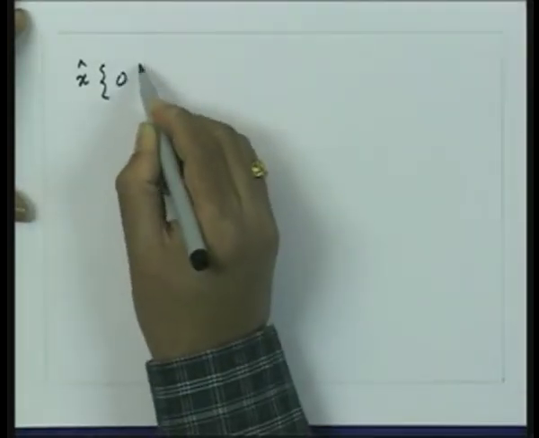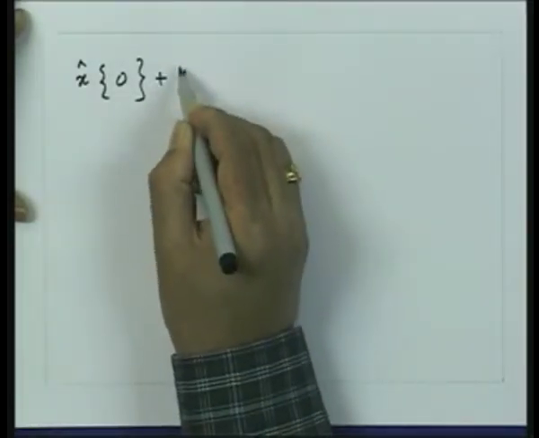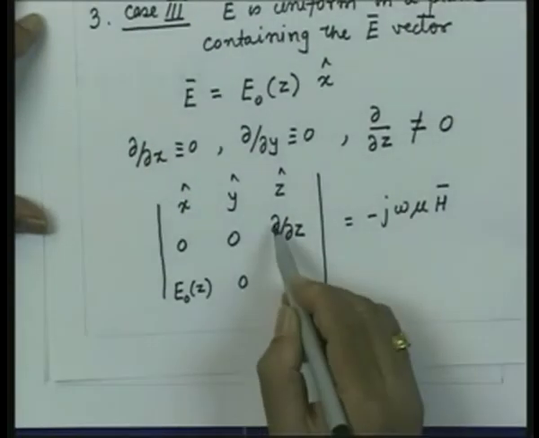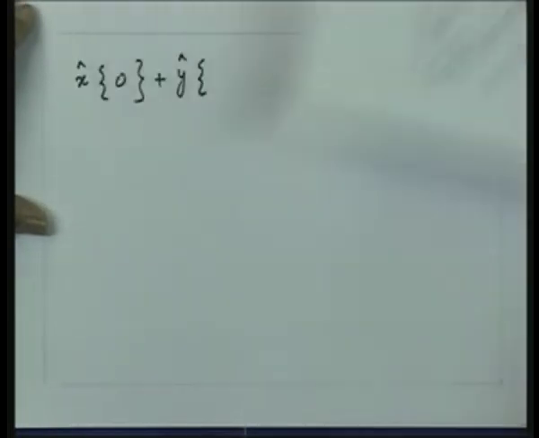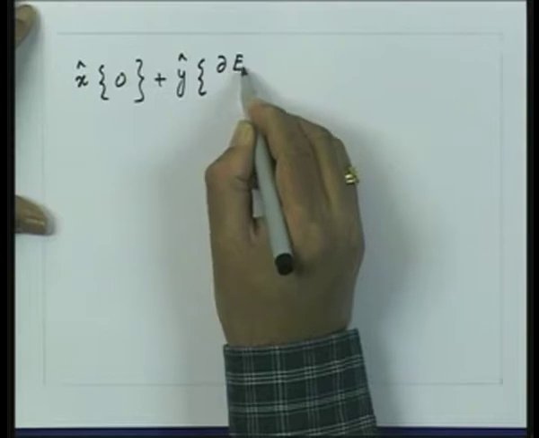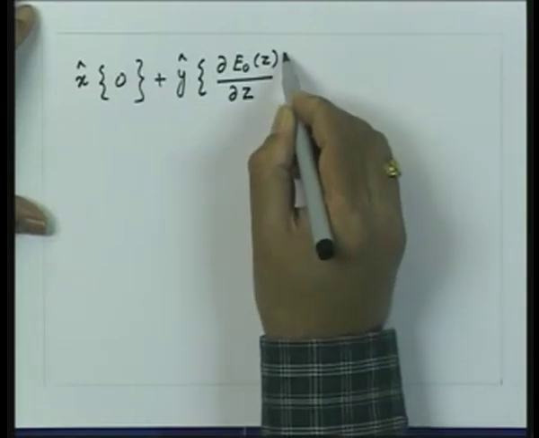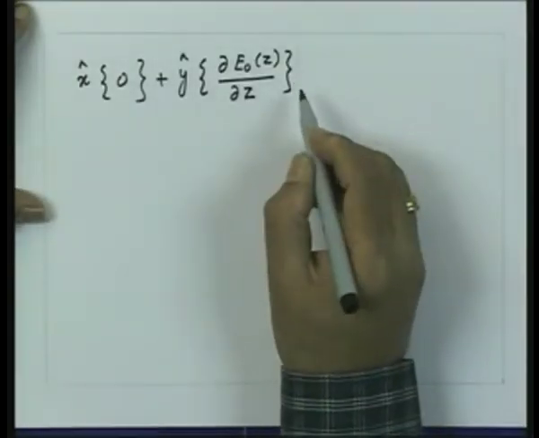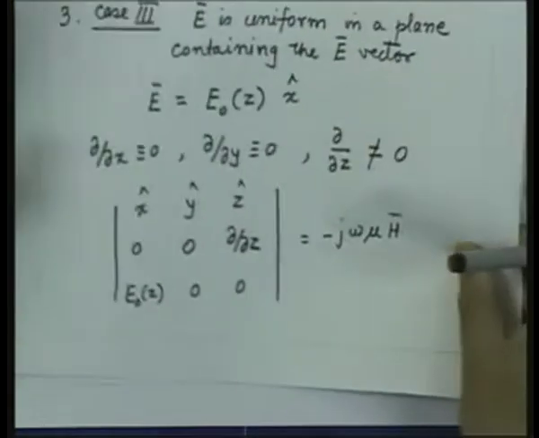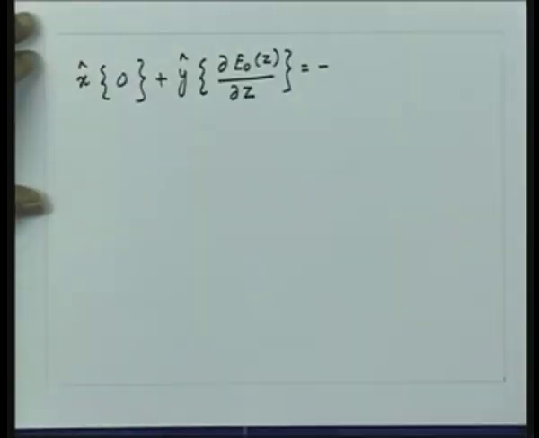So, this quantity is 0. The y component will be plus d by dz of E0z. So, this will be d E0z by dz, that is equal to minus, and the z component will be this minus this, which is 0. So, the z component is 0.